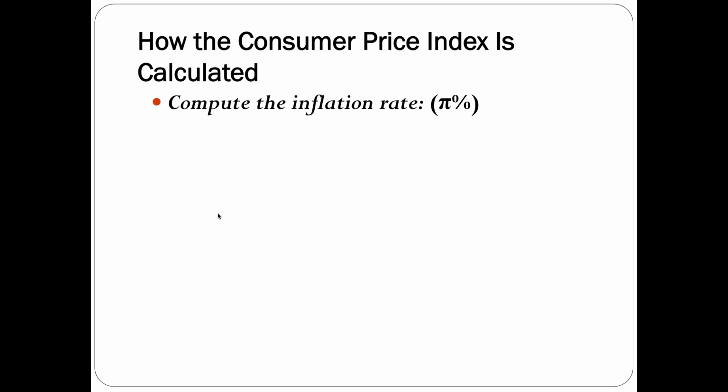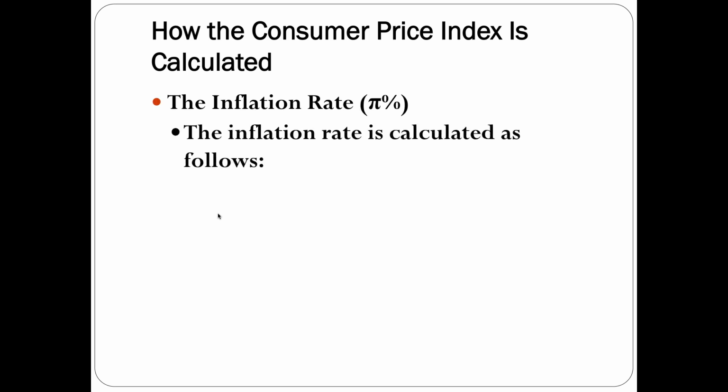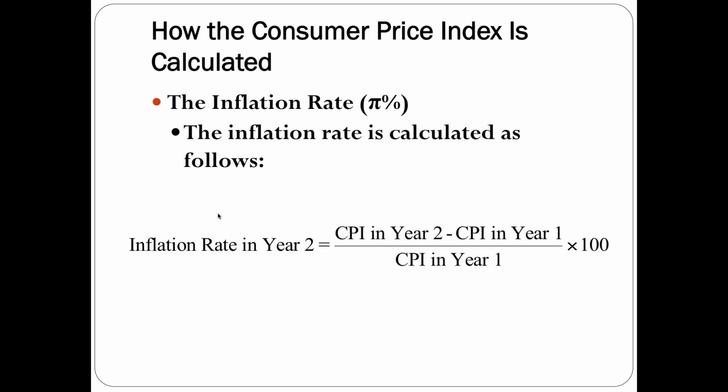Next step is to compute the inflation rate. So the inflation rate is the percentage change in the price index from the preceding period. So this is how it's calculated.